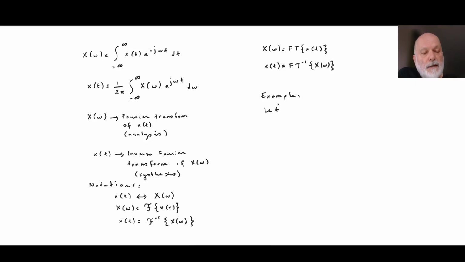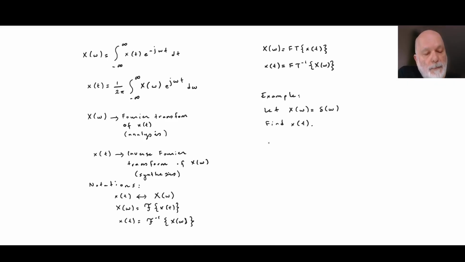Let x of omega be given as delta of omega. Find x of t. In other words, find the signal whose Fourier transform is delta of omega. Delta of omega means what? It is 0 everywhere for all frequencies except omega equal to 0, where it is infinite.